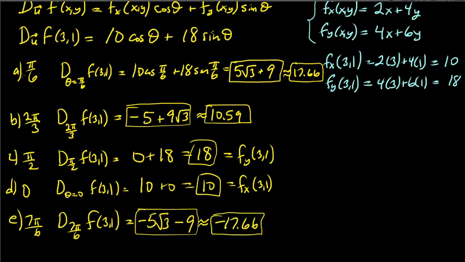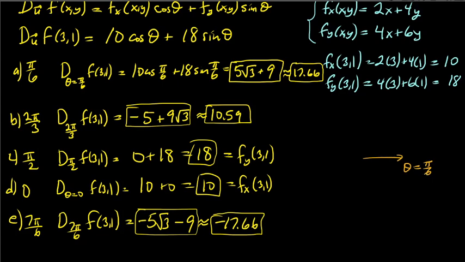Notice something? If you look way back up here where you have pi over 6 rather than 7 pi over 6, we got a positive 17.66 instead of a negative 17.66. Coincidence? So think about what you're doing. Let's say this is the direction for theta equals pi over 6.